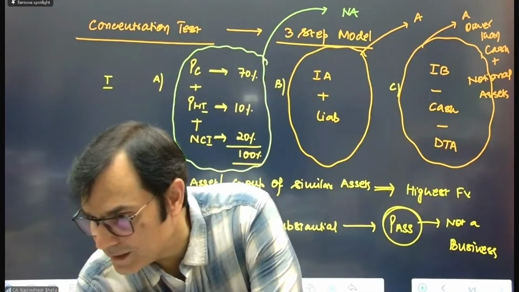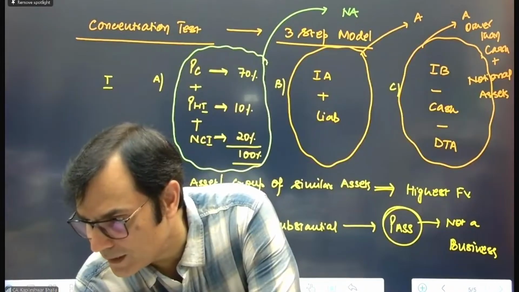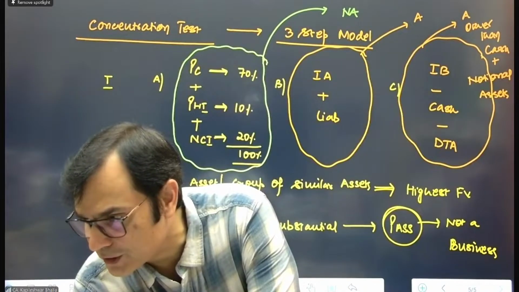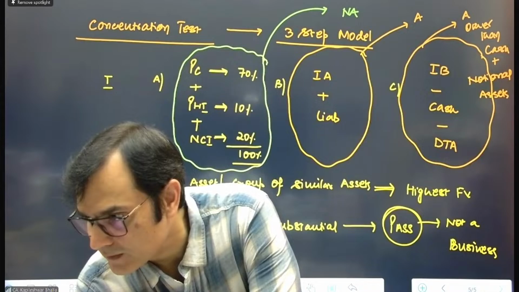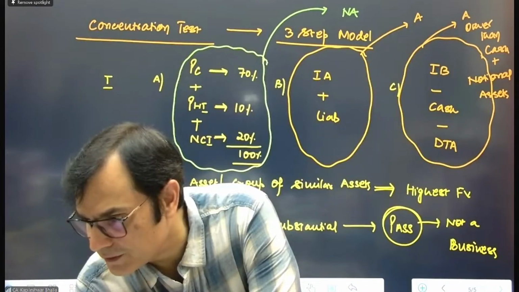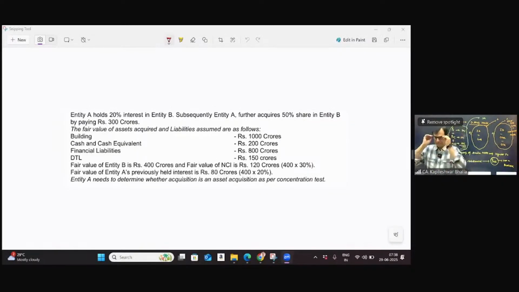We'll first read the inputs and then decide the fate of the concentration test. I hope the question is visible, right? Yes, sir. Wonderful. Let me read the inputs and you're going to help me in applying the 3-step model to understand the concentration test.